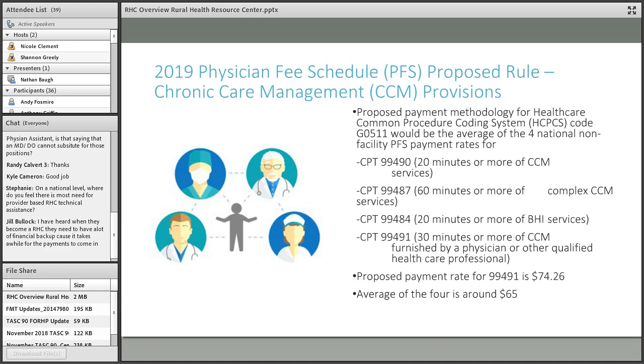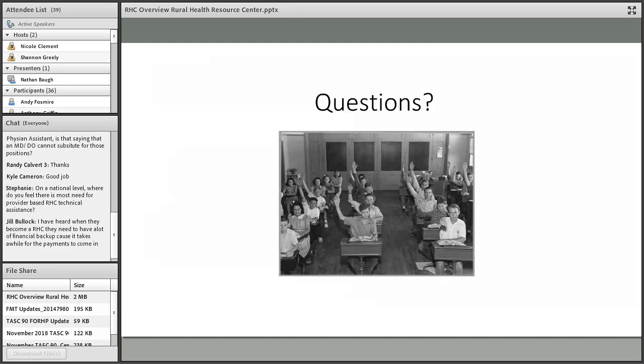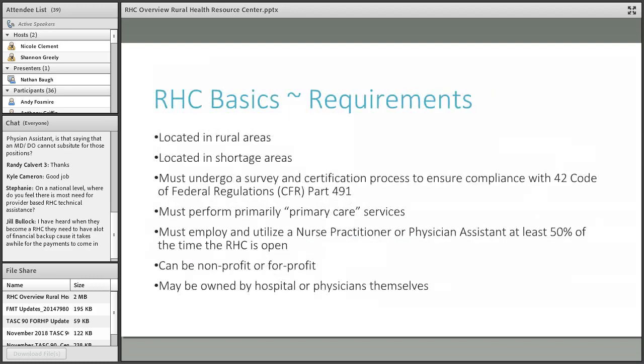So instead of getting the different rates, we just get the average rate. So in 2019, the average of these 4 chronic care management codes is going to be $65. But I left this in here because I just wanted to use this as an example. What happens on the fee-for-service side doesn't necessarily flow to RHCs and FQHCs neatly, and this is just an example of that.